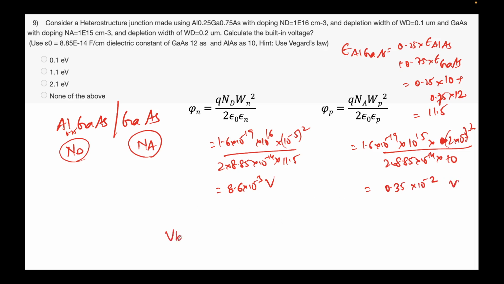What is the total built-in potential? It is nothing but phi n plus phi p. So this is 8.6, let me add 0.86 to this. So this is coming out around 12 times 10 to the power minus 3, something like that. I've made a mistake somewhere.